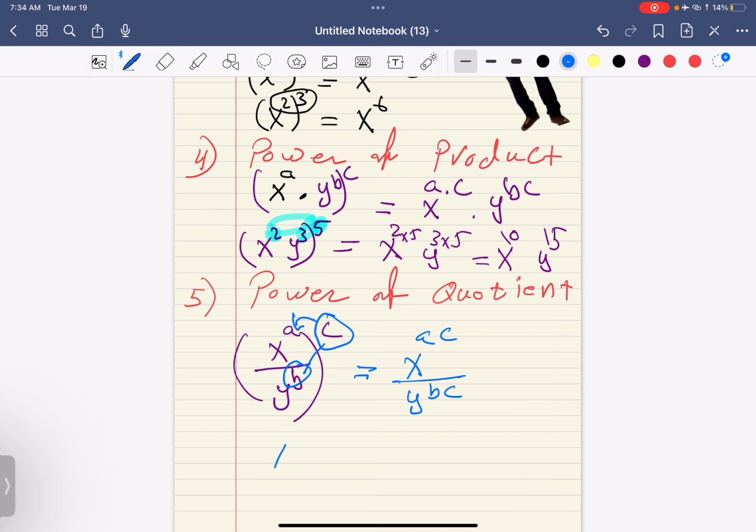So example, x squared divided by y cubed, everything to the power 4. The rule says you're going to take this 4 and multiply it to the 2 and to the 3, and the answer is going to be x to the 8, since 4 times 2 is 8, over y to the 12, since 4 times 3 is 12.